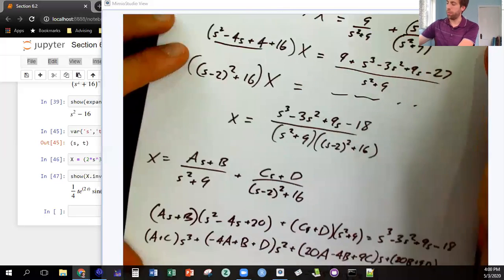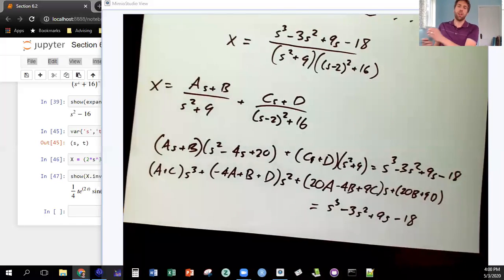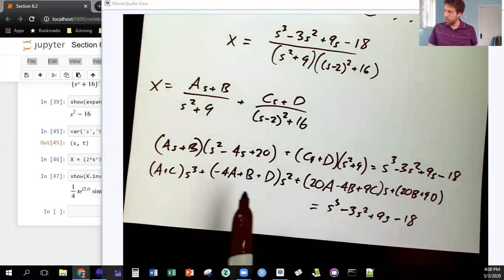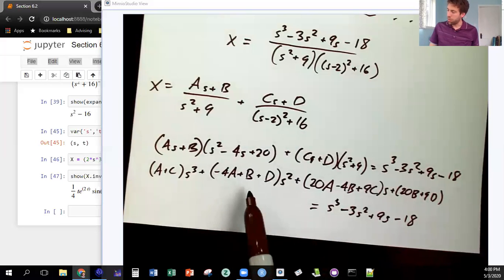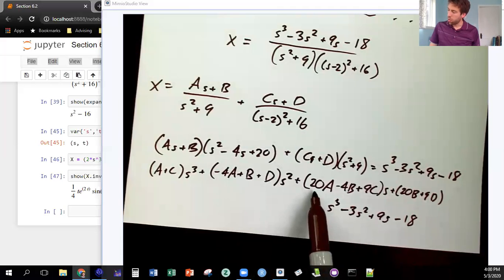Okay, didn't quite fit on one line there. So that means a plus c is 1, negative 4a plus b plus d is negative 3, 20a minus 4b plus 9c is 9, and then that one there.